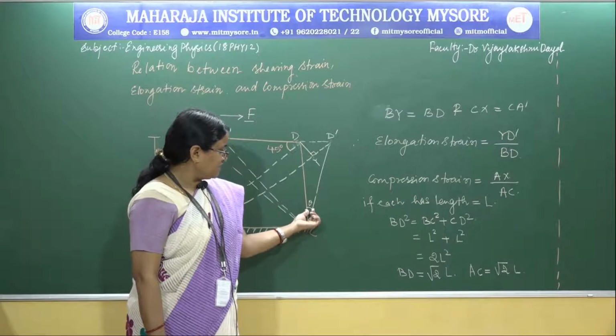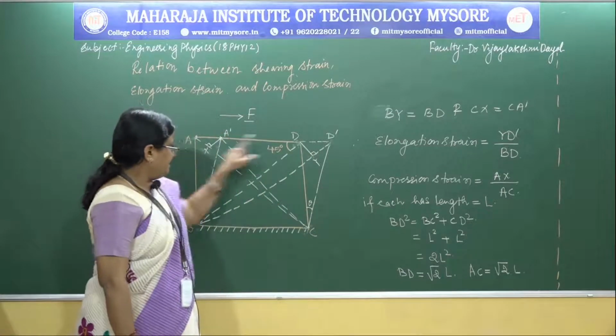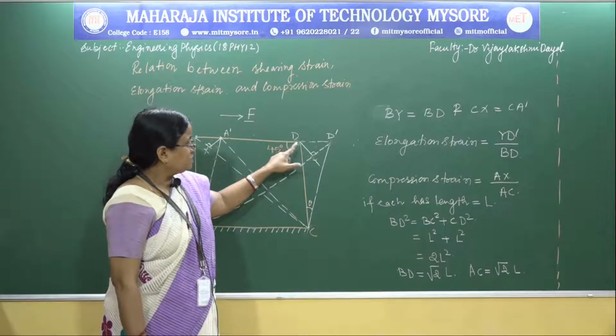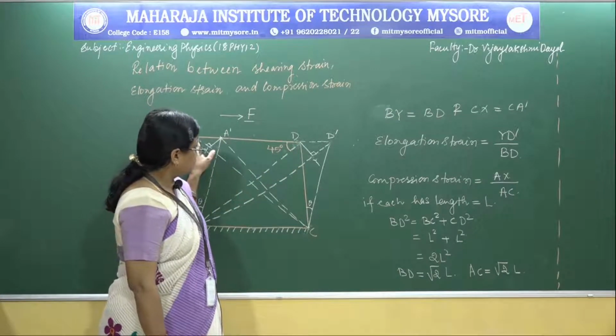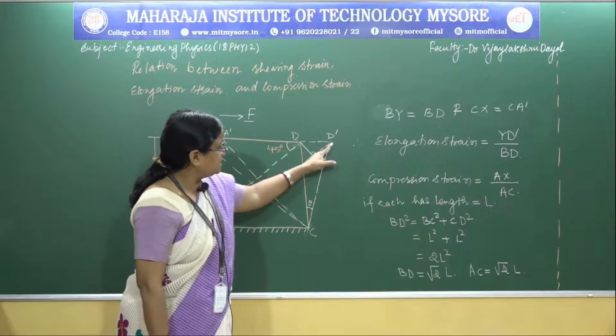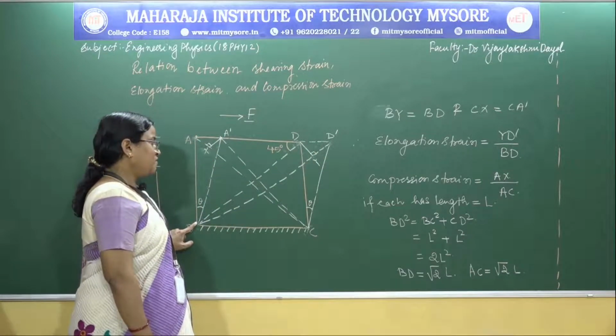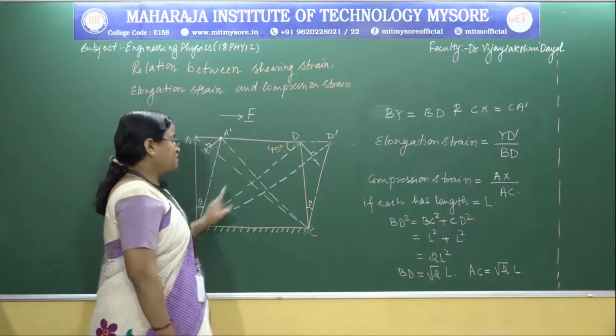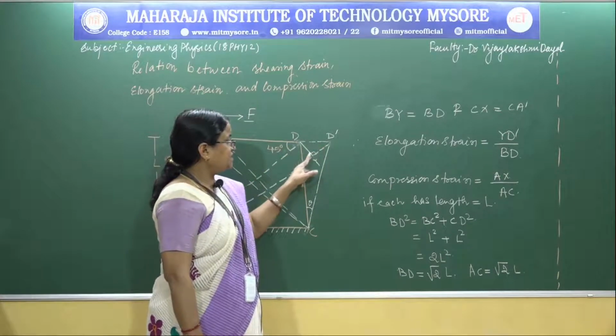As the change is very small, ADB has an angle of 45 degree, so we consider the same for AD dash B, and so for DD dash Y.